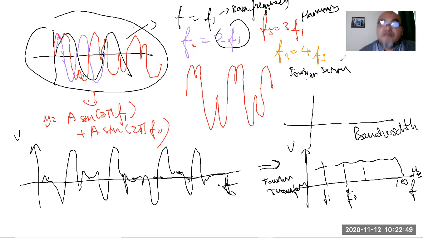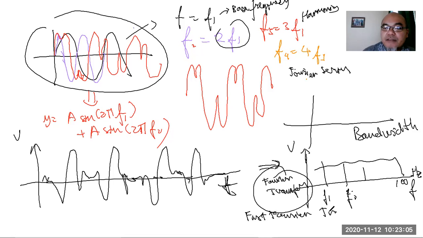But when the signal contains a lot of non-periodic components, then we have to use the Fourier transform. And when we do it in a computer, the algorithm is usually called the fast Fourier transform, FFT. This is the algorithm usually used in computers to convert a time domain signal into a frequency domain signal.